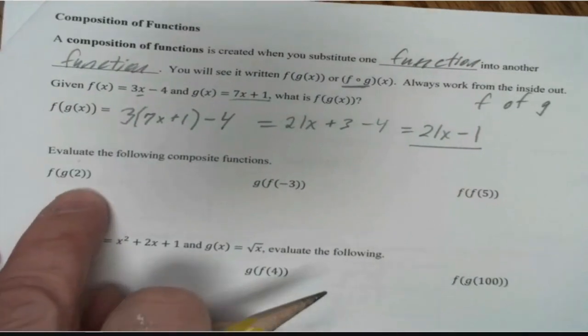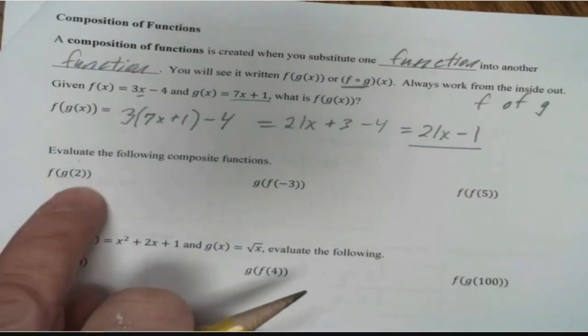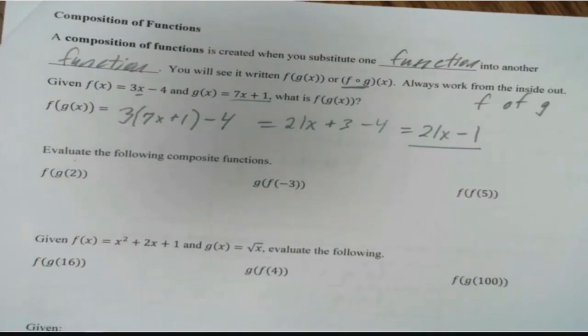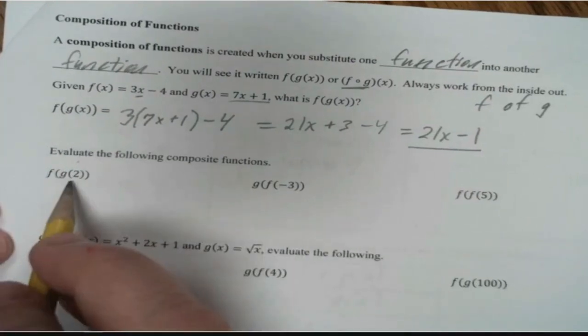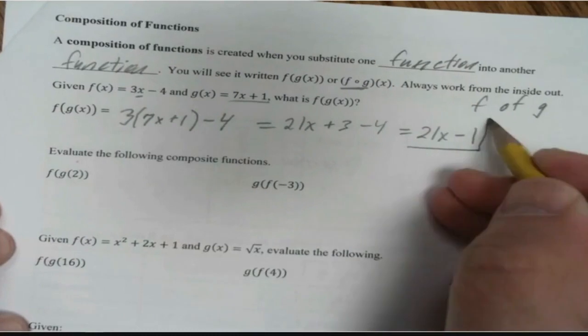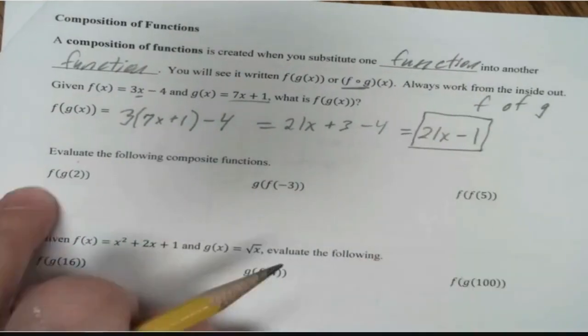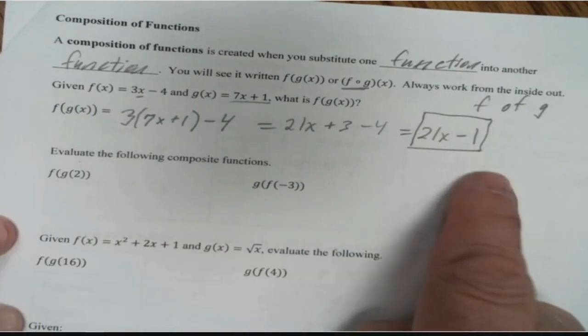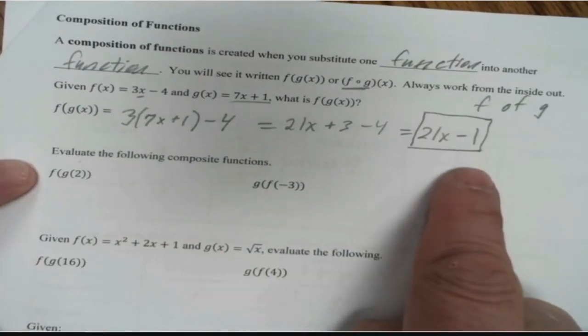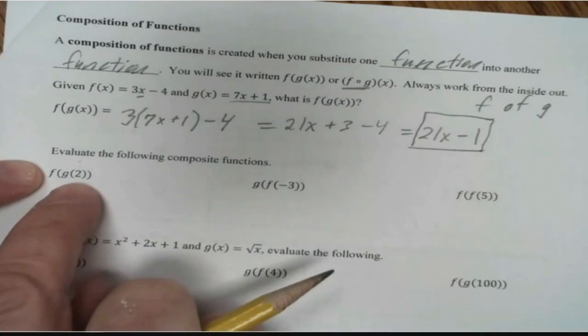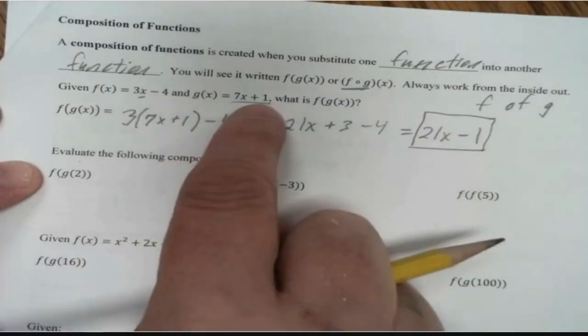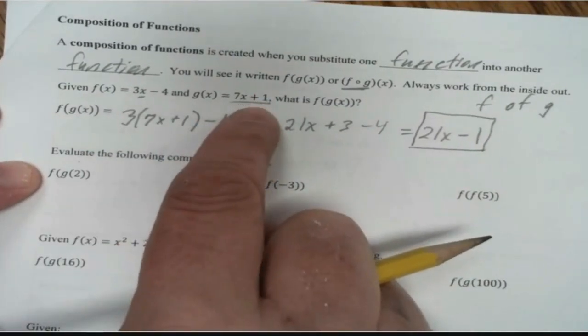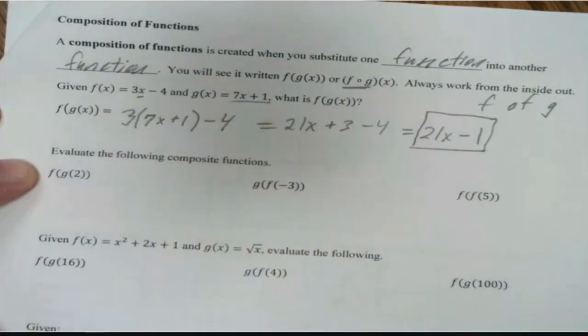So evaluate the following: f of g of 2. Now, there are 2 ways to do that. You can substitute the 2 into this, because that's what f of g of x is. You can just substitute 2 into that equation. Or if you're more comfortable, you can substitute the 2 into g of x, figure out what that number is, and then substitute that in f of x.